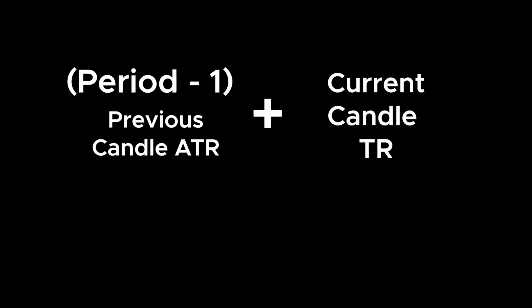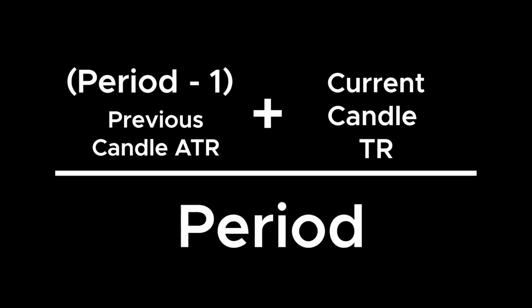If we're using a 14, multiply the previous by 13, and so on. And we're going to then add the current candle's true range, divide by the period, in this case, 10 or 14, and that will be that current candle's ATR. So that current candle, as the true range adjusts, it's going to have a higher influence on the change of the average true range than those previous candles, making it a very EMA-esque calculation for the ATR.